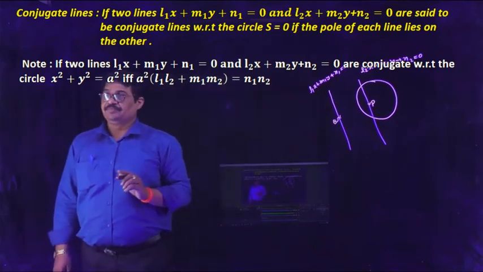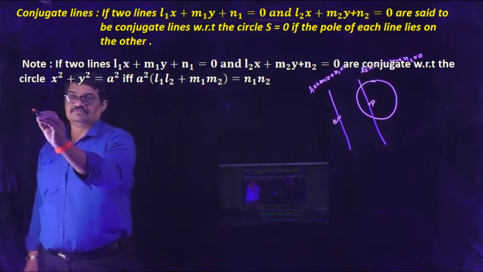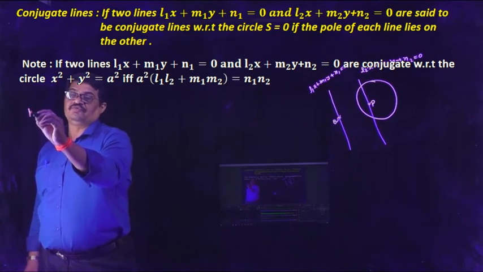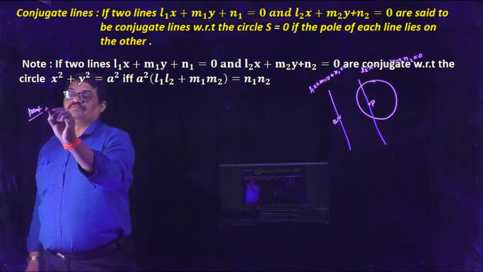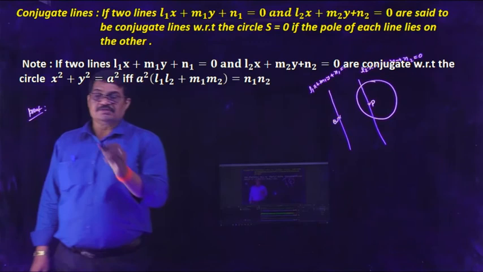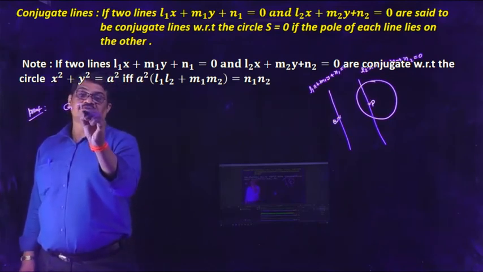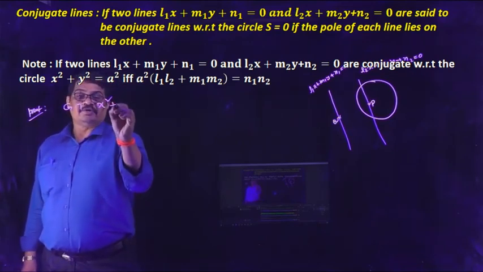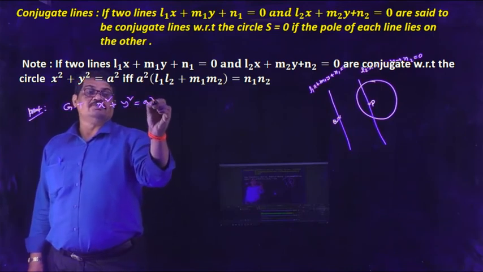So see the proof for this note. Given circle is x square plus y square is equal to a square.